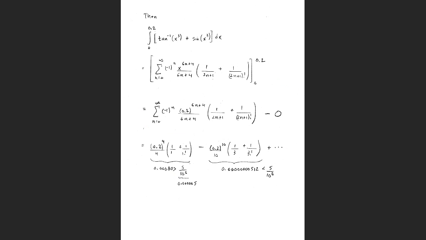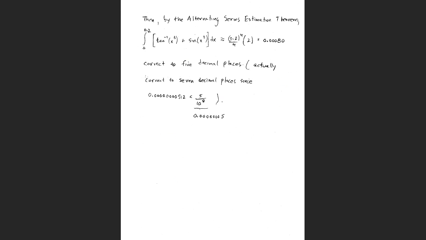And the first term, by the way, this here is just equal to 2, right? So the first term is 0.2 to the 4th power times 2 divided by 4. And so by the alternating series estimation theorem, our definite integral value is approximately equal to 0.2 to the 4th power times 2 over 4, which is 0.0080. And that's correct to 5 decimal places.